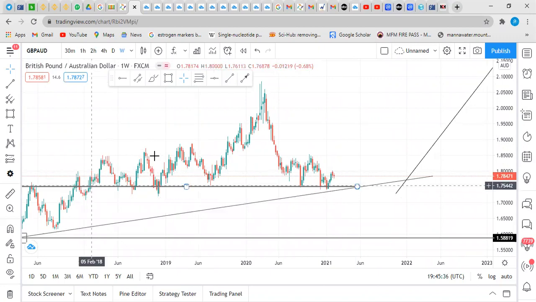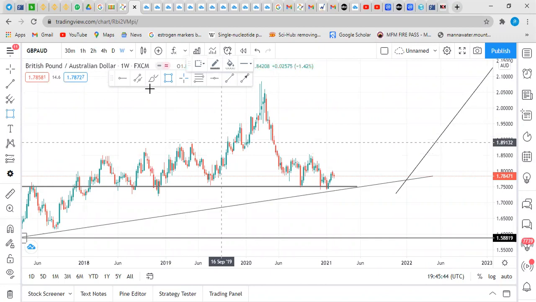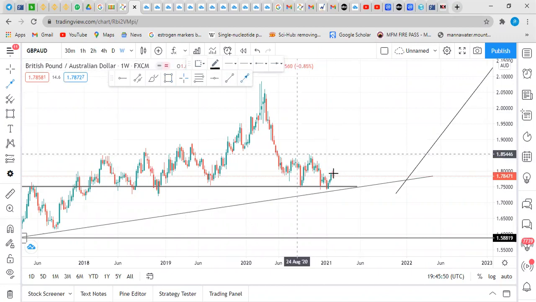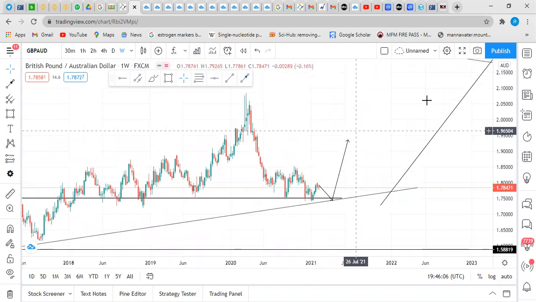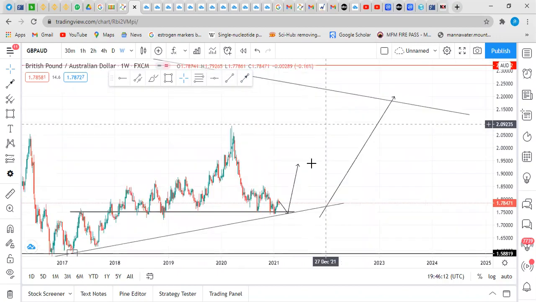So after we had this breakout, what I'm expecting to happen in pounds AUD is that we can eventually have a pullback to retest this resistance once again, and to also retest the trend line before price will eventually start shooting up. So we can see this clearly on weekly time frame. You can see this clearly on weekly time frame. So now let's go on daily time frame to see what is happening.